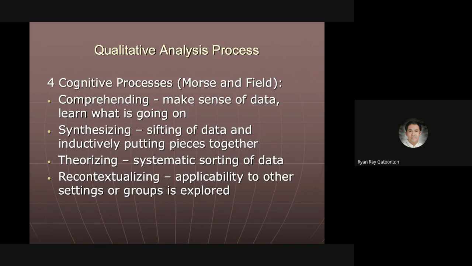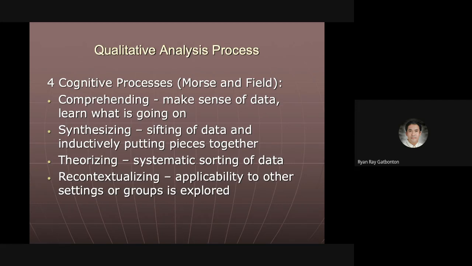Now, the next cognitive process na ginagamit in analysis of qualitative data is your theorizing, no? Where you systematically sort your data according to some sort of theory. Kumbaga, you try to make it sensible with a scientific explanation. Okay? Again, this is a usual process in qualitative data analysis.